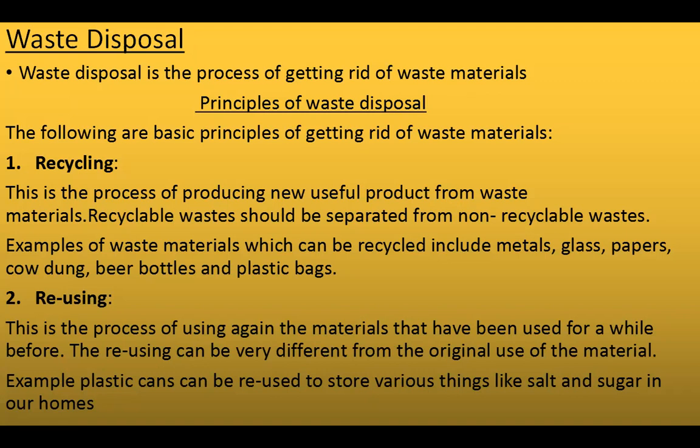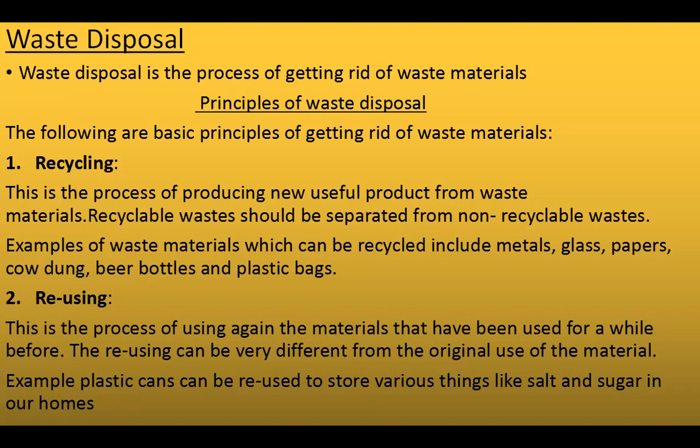Cow dung also can be used as fertilizer, so it is recycled to fertilizers. Also, there are the beer bottles. These beer bottles can be recycled again, cleaned, and be used again as the beer bottles. Then there are plastic bags that can be melted in another way to form other plastic useful products.